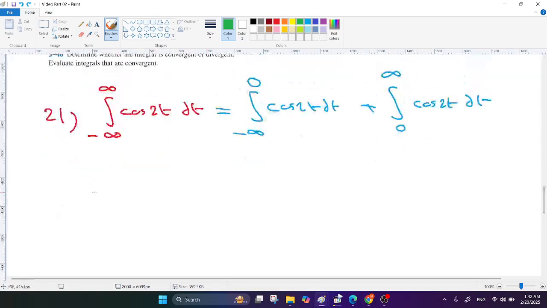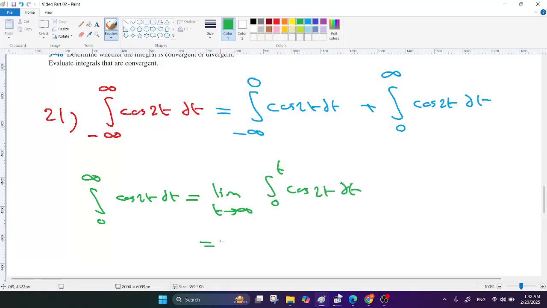Let's solve the integral from 0 to infinity of cosine 2t dt. This equals the limit as t approaches infinity of the integral from 0 to t of cosine 2t dt, which equals the limit of 1 over 2 sine 2t from 0 to t.